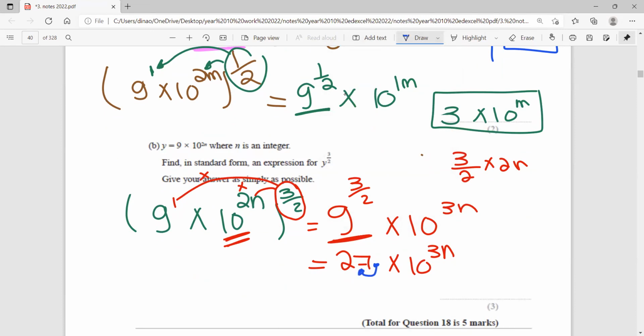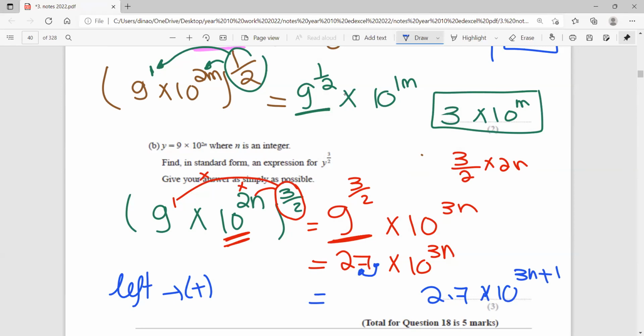Once to the left, okay? So this will be 2.7. I moved it once to the left. So I won't change anything in the power of 10? Bravo. When we move to the left, you add to the power of 10. So this will be 2.7 times 10 to the power of 3n plus 1.